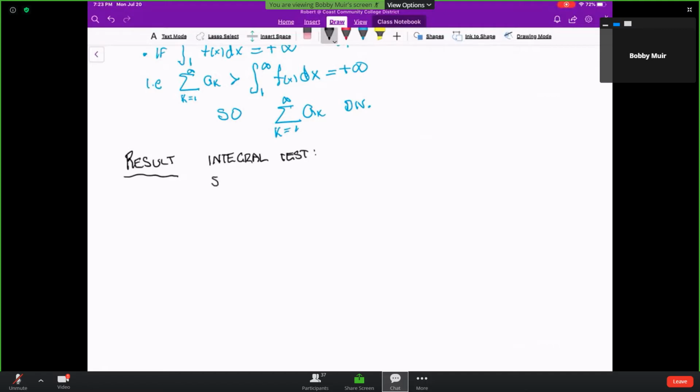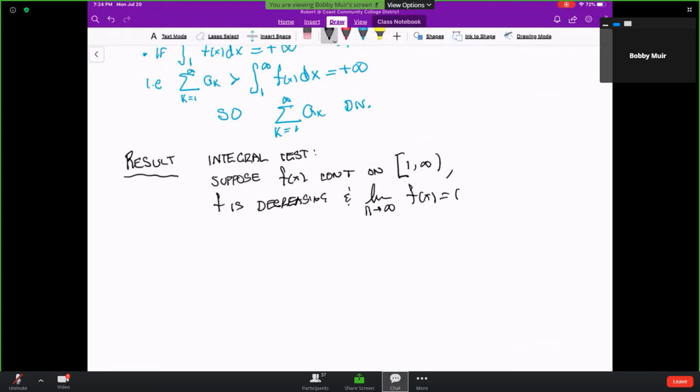Okay, so suppose that f of x is continuous on the interval 1 to infinity. f is decreasing and the limit as x tends to infinity of f of x is equal to 0.